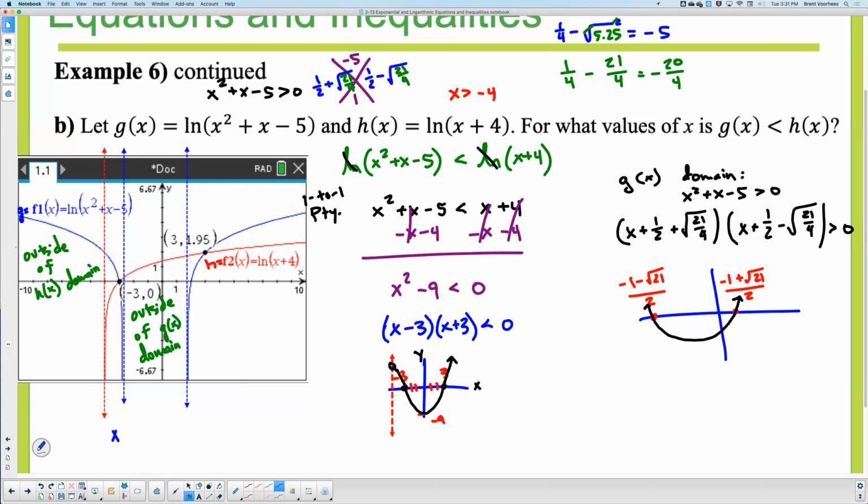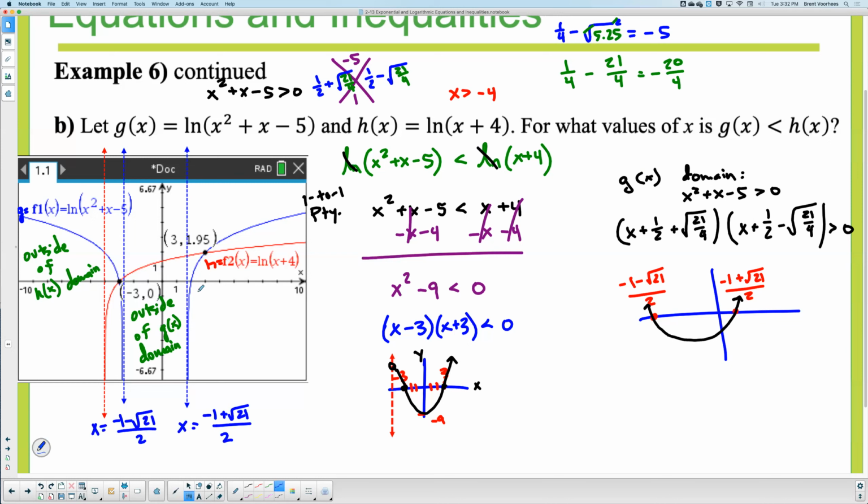That right there is x equals this value, -1 minus square root 21 over 2. This asymptote is x equals -1 plus square root 21 over 2.